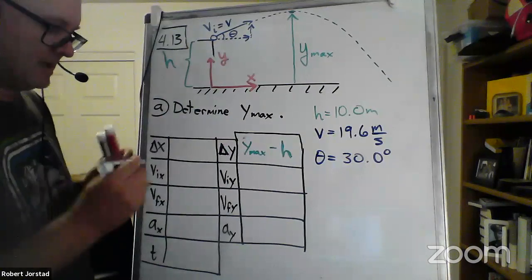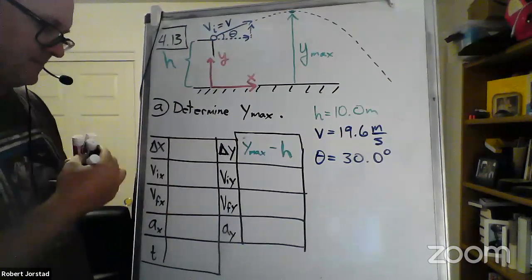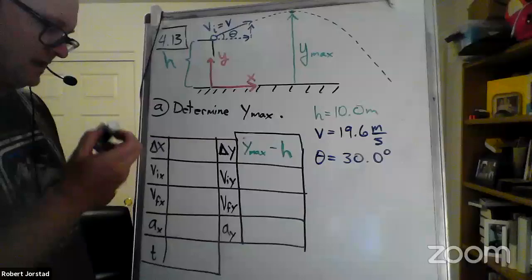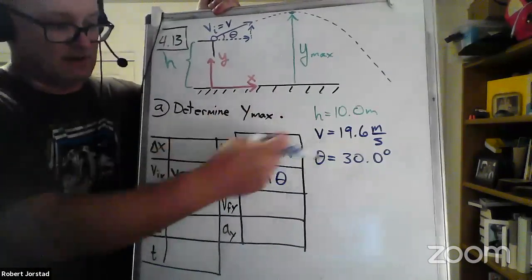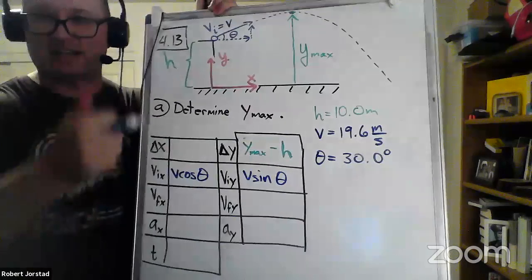So initial velocities, I got 19.6 cosine 30 for which one? For X. Yep. And then the same thing but with sine for Y. So Esteban was saying he took these numbers and plugged them in and you get those numbers. That's outstanding.